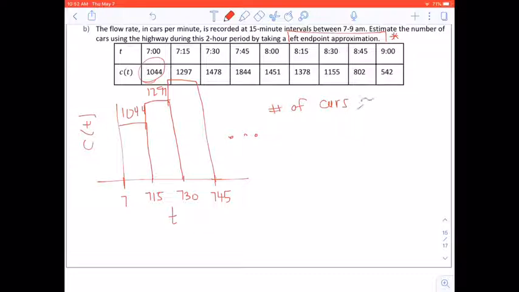And again, it's approximately. The reason it's approximate is that we're looking at 15-minute intervals. It's an approximation where you're using rectangles to approximate the total area.